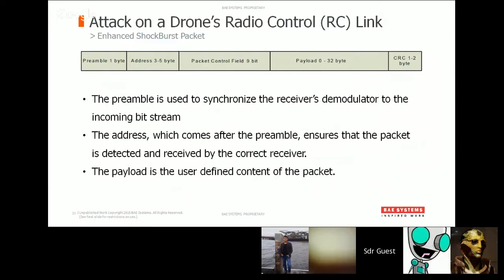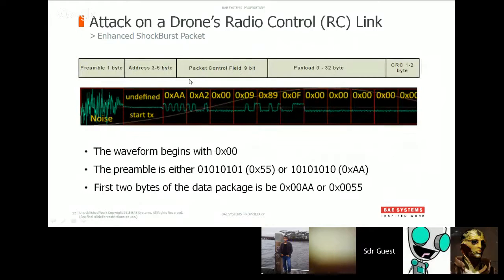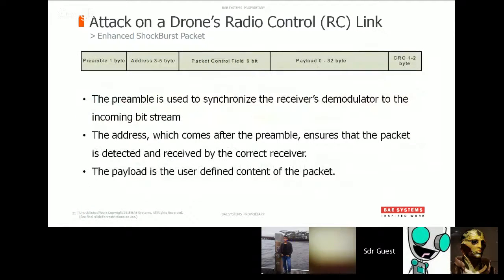So this is the error data package used by NRF24 video. And here we can see the data package begins with a 1 byte preamble, followed by a 3 to 5 byte address. And after that, it's a 9-bit control field.